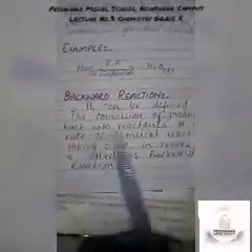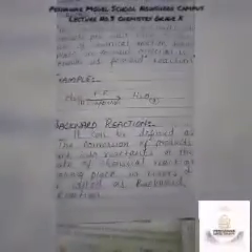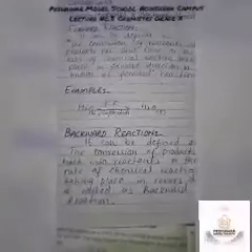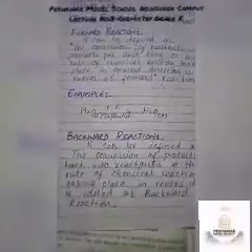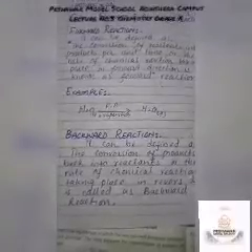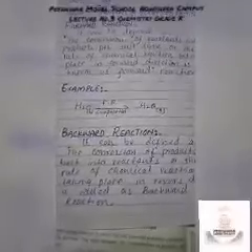Okay, let's come to the backward reaction. It can be defined as the conversion of products back into reactants, or the rate of chemical reaction taking place in reverse direction is called the backward reaction. As we explained in our previous topics, any reversible reaction is the combination of both forward and backward reactions, or we can say that a reaction in which forward and backward reactions occur simultaneously is called a reversible reaction.